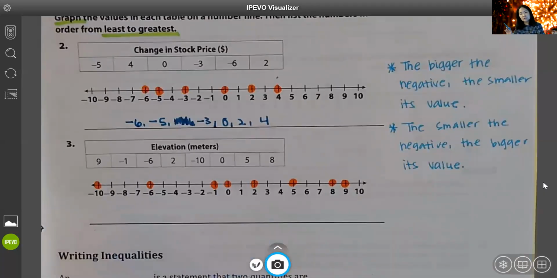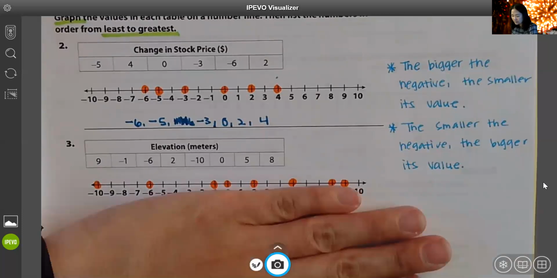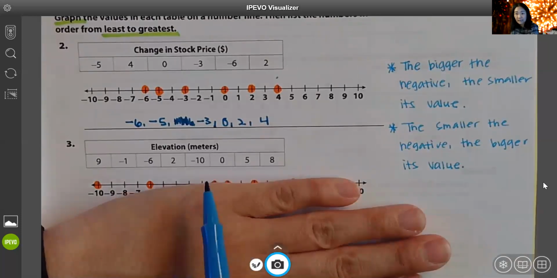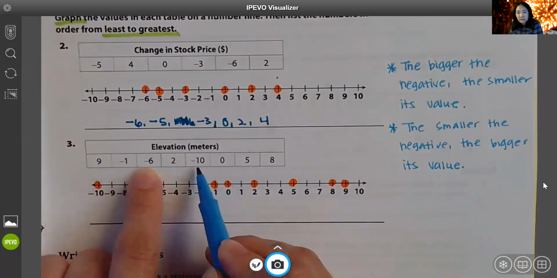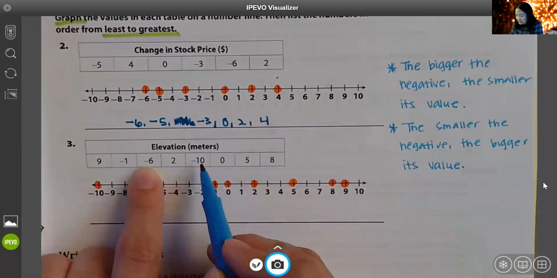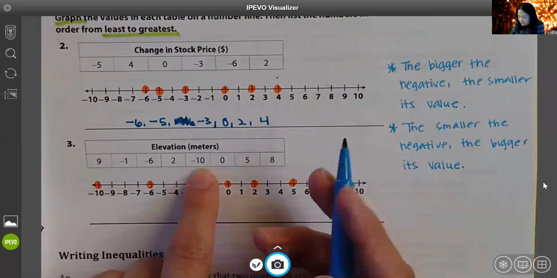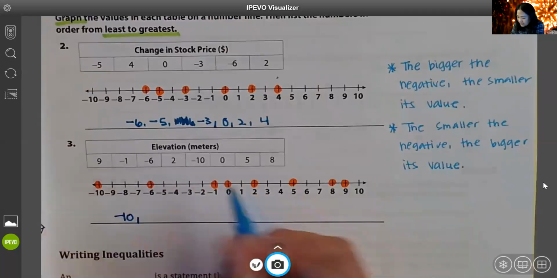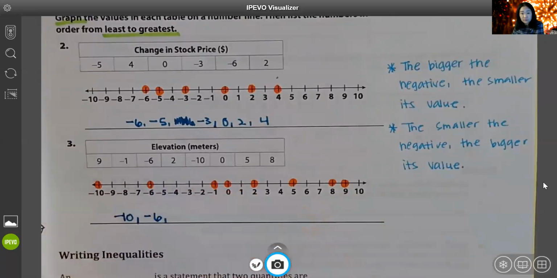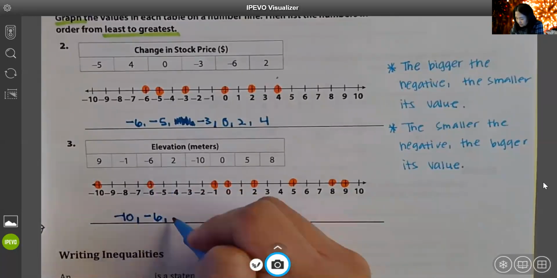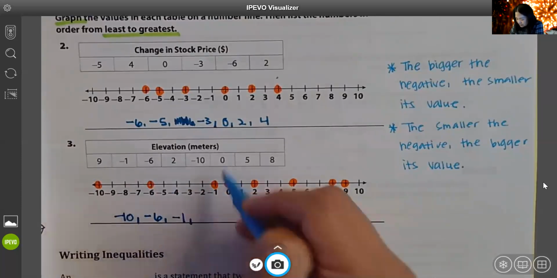But something else that you can do is, without graphing, you can look at the numbers, okay? We know that negative numbers have the least value. We have 3 negative numbers. Out of the 3 negative numbers, the biggest negative has the smallest value, which means this is my smallest value. The next biggest negative, which is -6, has the next smallest value, and then -1, and then 0.